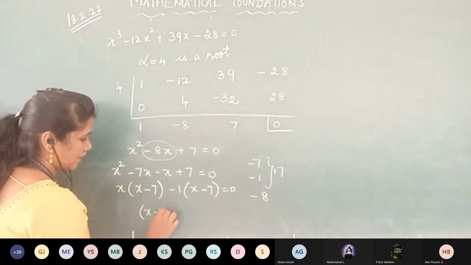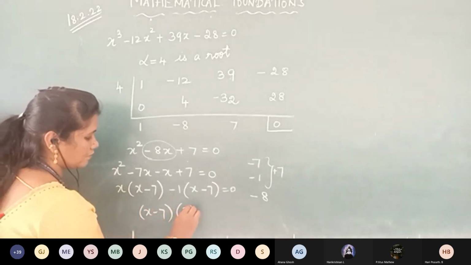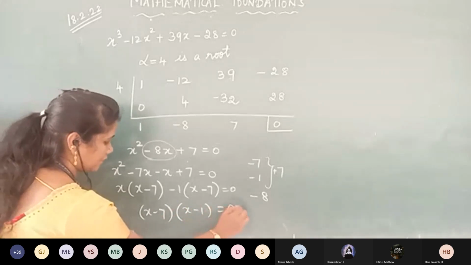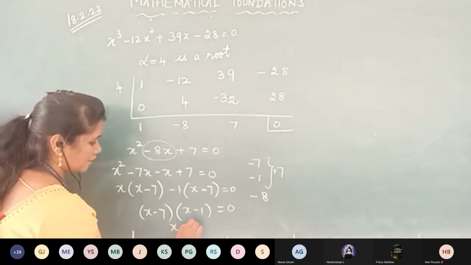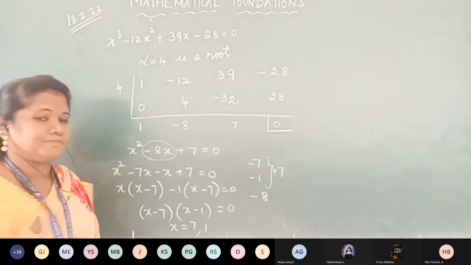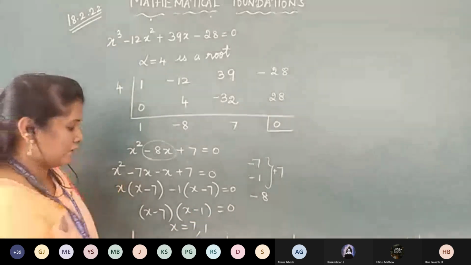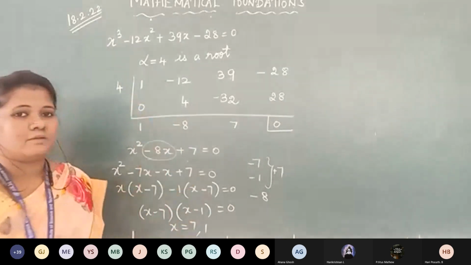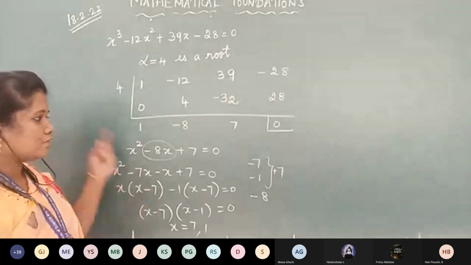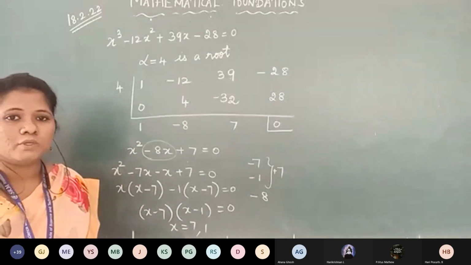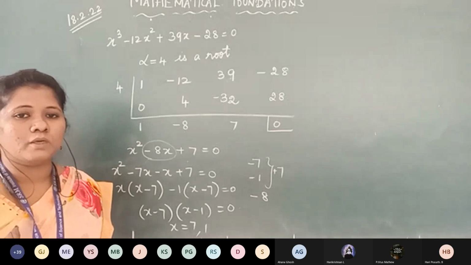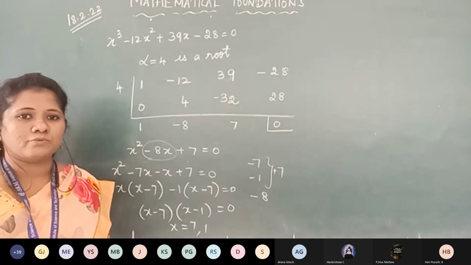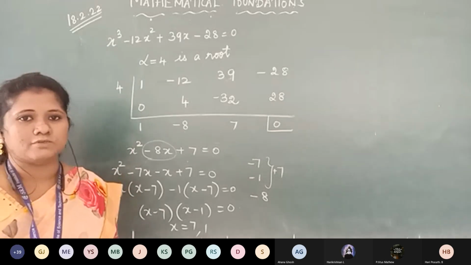So x minus 7 is common in both terms, and your x values are 7 and 1. These are also the roots. So you can follow this method too. Any method which is easier for you.